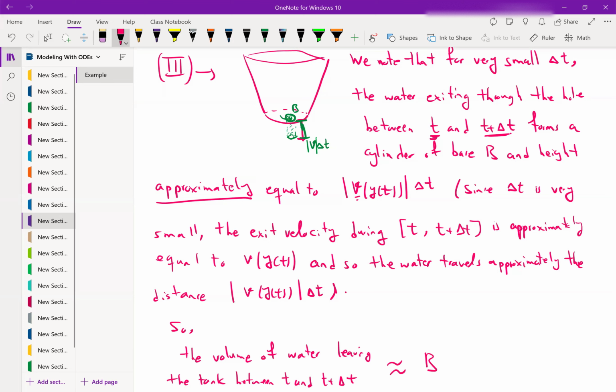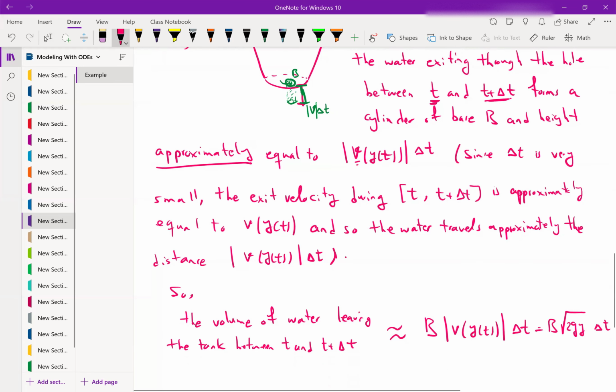Look at the green cylinder on top. That is the volume we're interested in, times V of y at the time t, times delta t. That V of y times delta t is your height, which is, by Torricelli's law, B times a square root of 2gy times delta t. Excellent. So I'm going to give a name to this equality as well. This is equality 4.